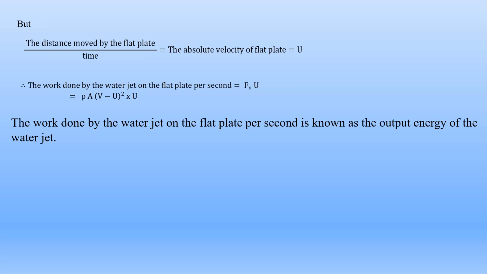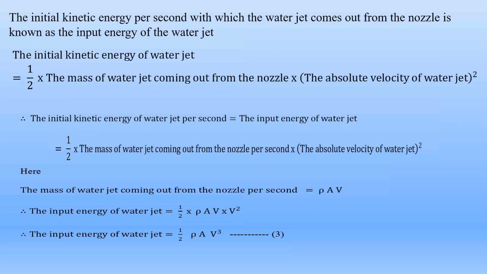And in the last class, we also discussed the input energy of the water jet. When the water jet comes out from the nozzle with a large velocity, the initial kinetic energy of the water jet per second when it comes out from the nozzle is called the input energy of the water jet.